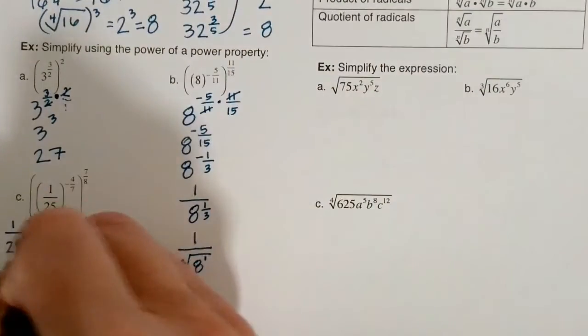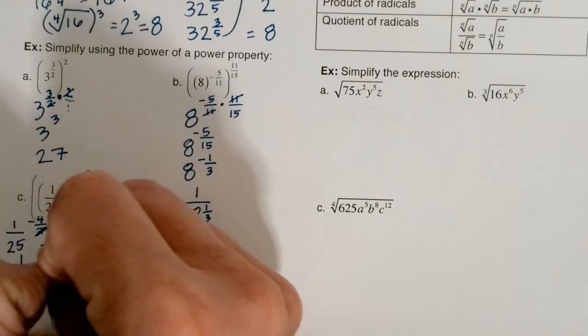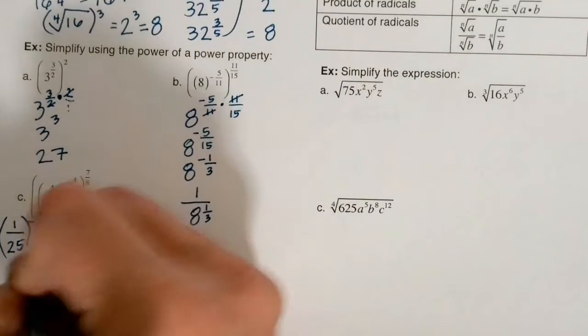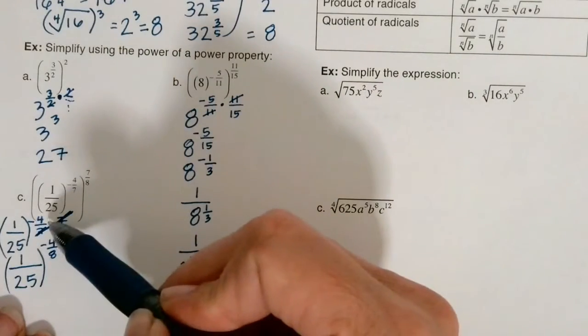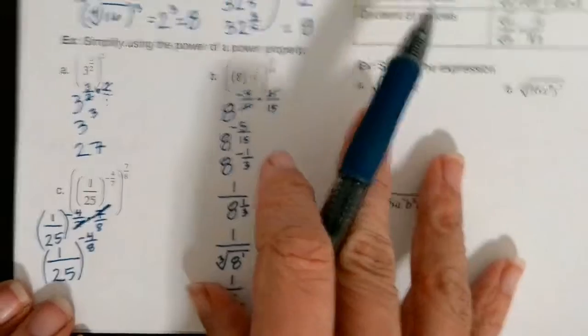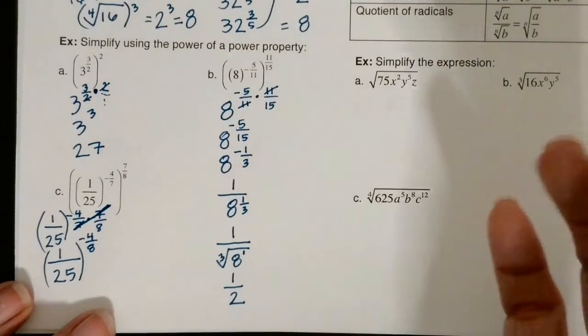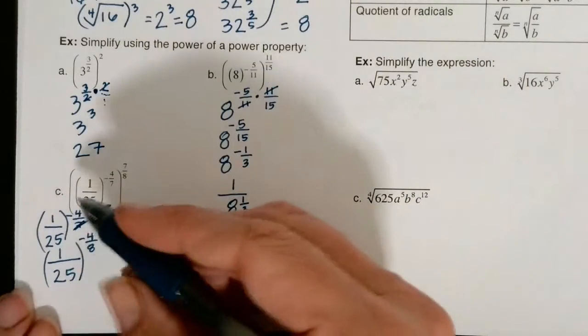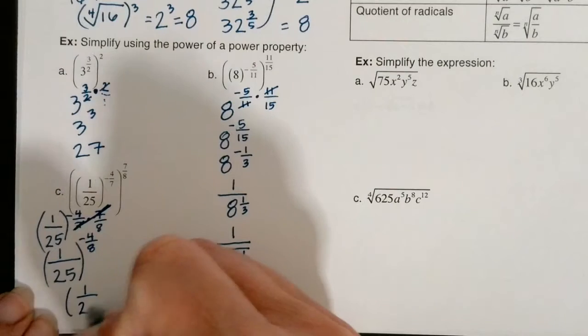Okay. So 1 over 25 raised to the negative 4 over 8. So most of the time these things will be in parentheses just to be really clear that this exponent goes to both the numerator and the denominator, not just the denominator or not just the numerator. So put them in parentheses when you have fractional bases. So you guys know that that's going to reduce to negative 1/2.